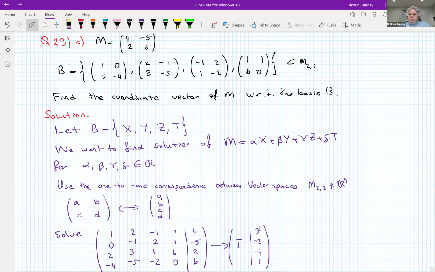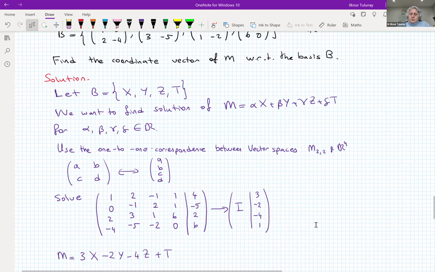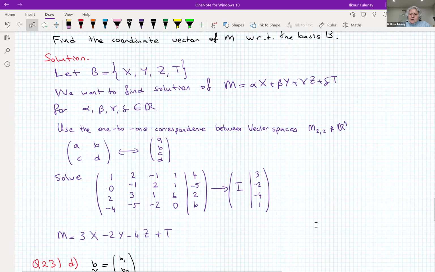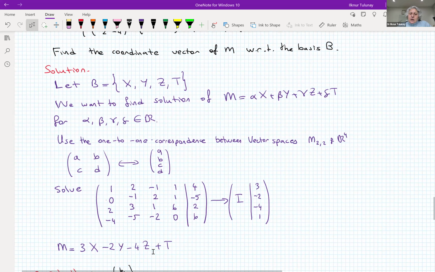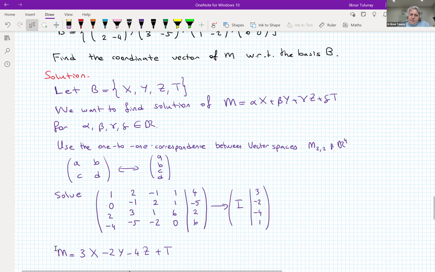So this vector is the coordinate vector of M with respect to the basis B. You can go back to your matrix form if you like, but M can be written as 3x minus 2y minus 4z plus t. So this is the coordinate vector of M with respect to the basis B.